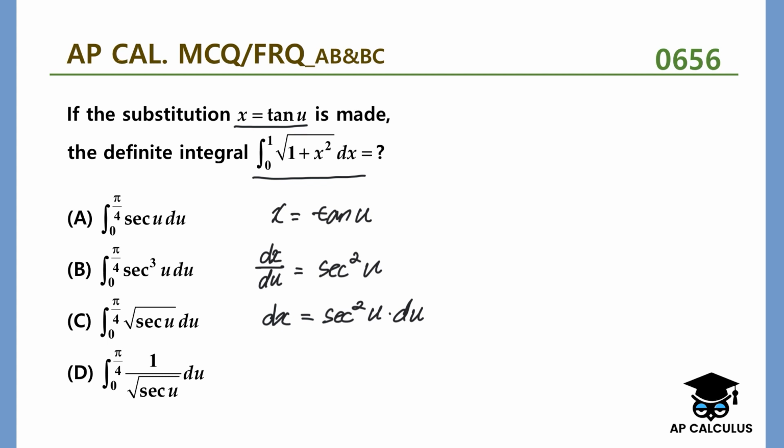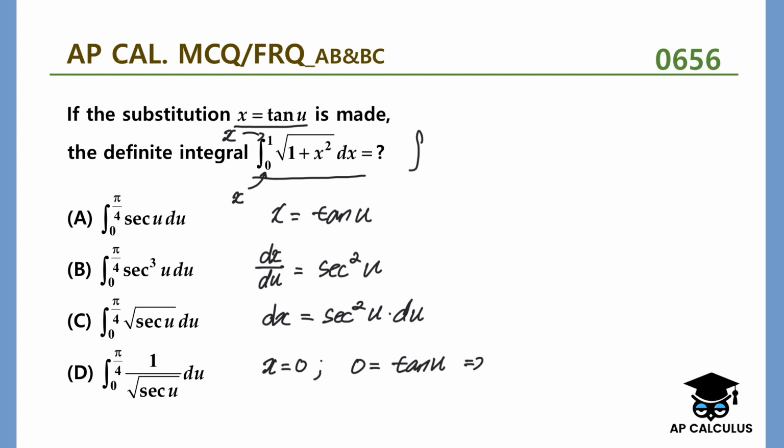So this definite integral has lower limit 0 and upper limit 1, right? These x values must be converted to u values. So when x is equal to 0, we have 0 is equal to tangent u. Tangent of what angle is equal to 0? 0, right?